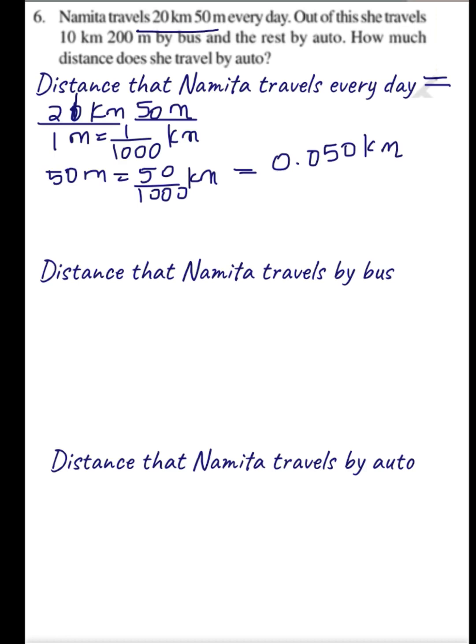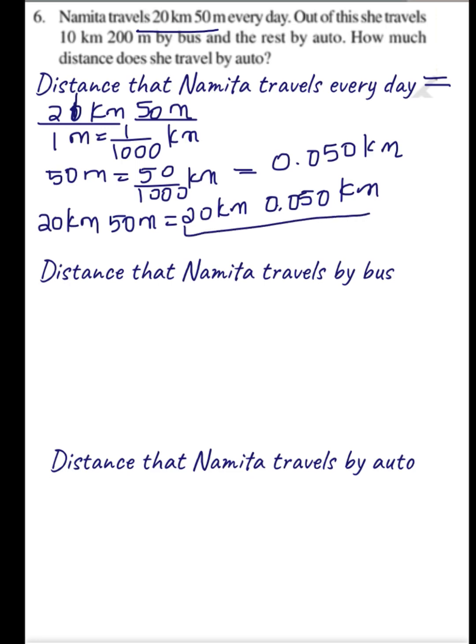But our question is 20 kilometer 50 meter, so you can write it as 20 kilometer 0.050 kilometer. In total you can write it as 20.050 kilometer. So the distance that Namita travels every day is equal to 20.050 kilometer.